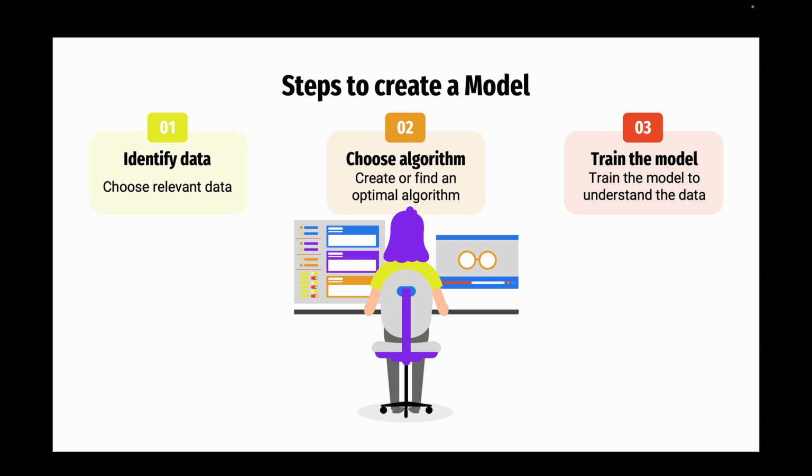Then the third step is to train the model. We take the data that we have identified in the first step and the model that we have created or found in the second step, and we feed that data into the model, and the model is trying to deduce patterns and learn from the data that is being fed.